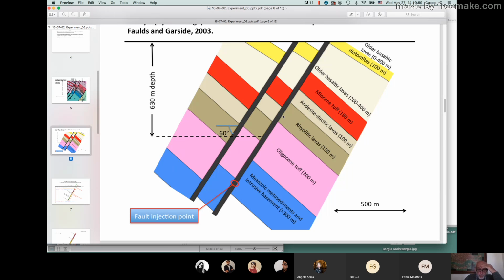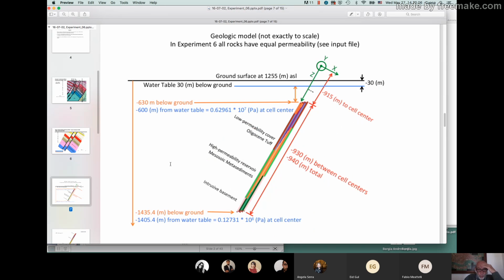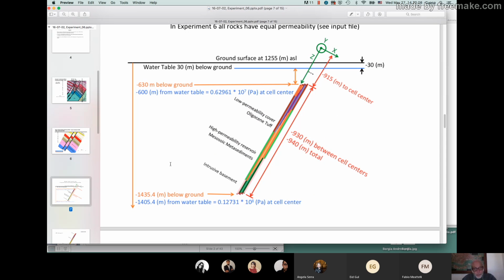And we are actually modeling this fault. So this is the model, how it works. This is sort of true scale. I have a groundwater table 30 meters below the surface.